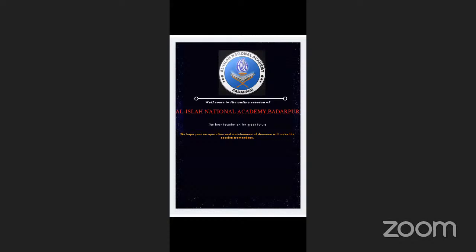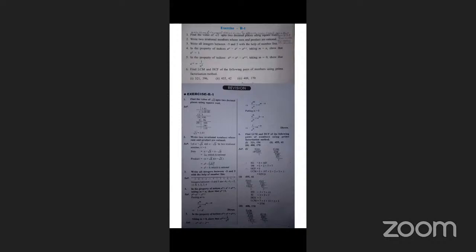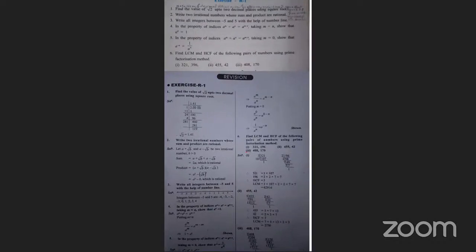From there we solved only the first question, which was about finding the value of some irrational numbers, that is, find the value of root 2 up to 2 decimal places. Then, as our school was closed, we couldn't proceed with the exercise. Today I thought to finish at least up to questions 2 to 6. If you cooperate, obviously we can finish it.